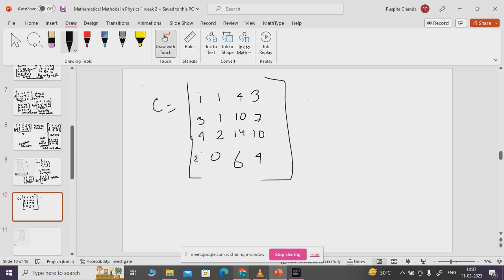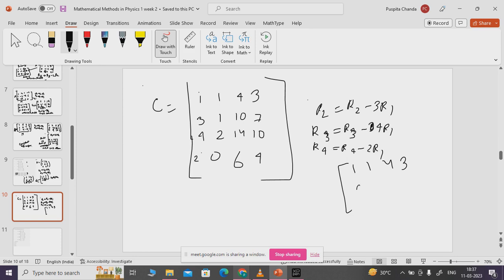So first set of commands can be R2 is equal to R2 minus 3 into R1, R3 is R3 minus 4 into R1, and R4 is equal to R4 minus 2 into R1, and this will become 1 1 4 3, 0 0 0, minus 2 minus 2 minus 2, and this also will be minus 2 minus 2 minus 2.